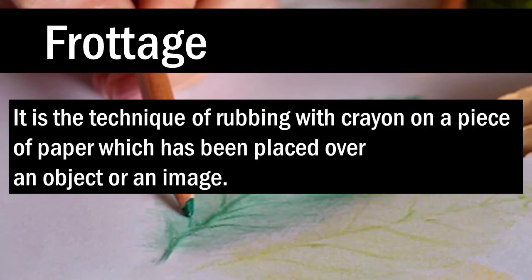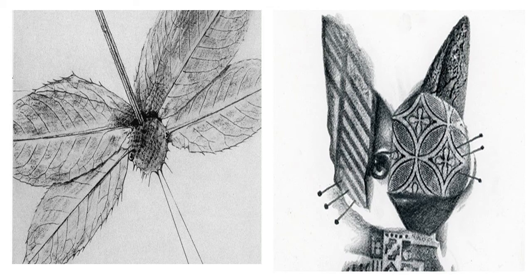It is also called an automatic method of creative production, and it was developed by Max Ernst, M-A-X E-R-N-S-T. It came from the French word which means rub. These are examples of frottage.